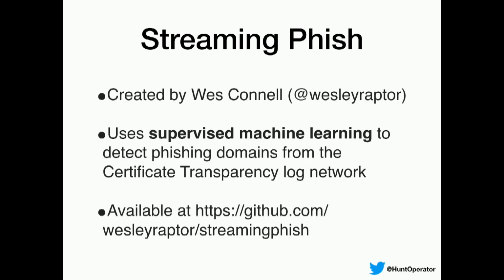The framework uses supervised machine learning to detect phishing domains, and it runs against the certificate transparency log network to validate the results. I actually have it running in the background right now. If you're not familiar with the certificate transparency log, I'm going to do a quick refresher in a second. You can download this for free at the URL.